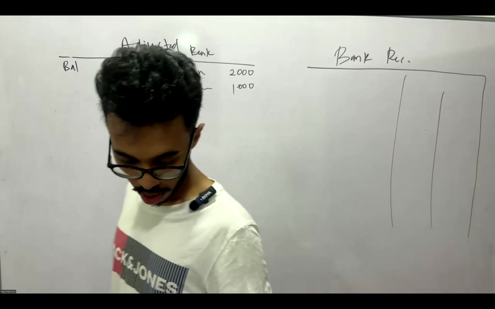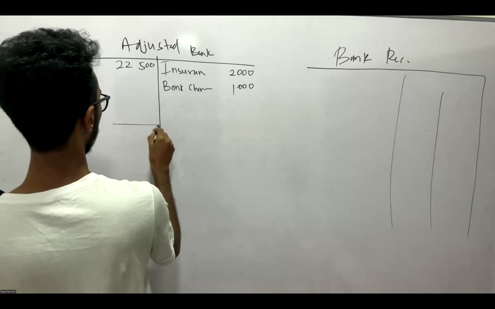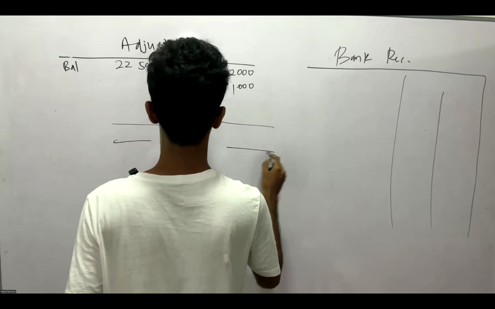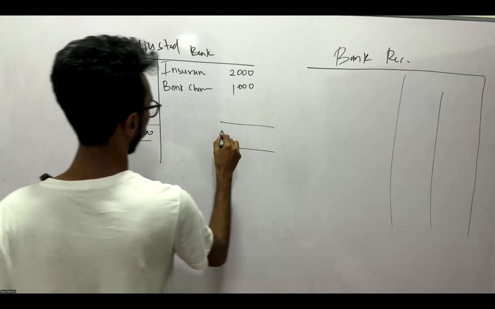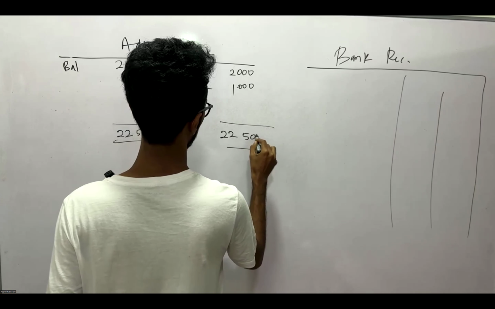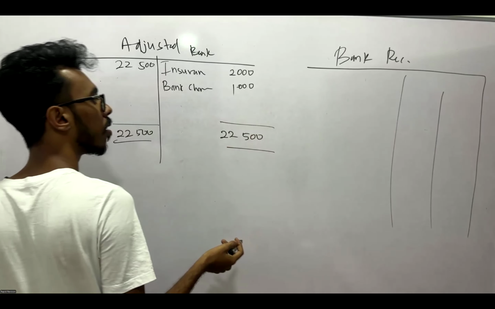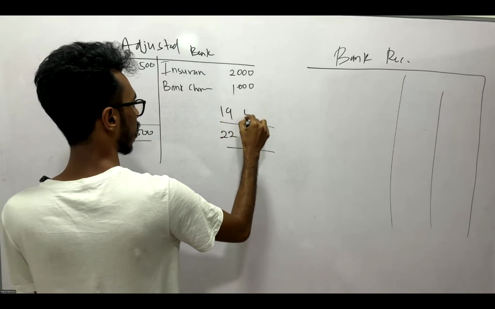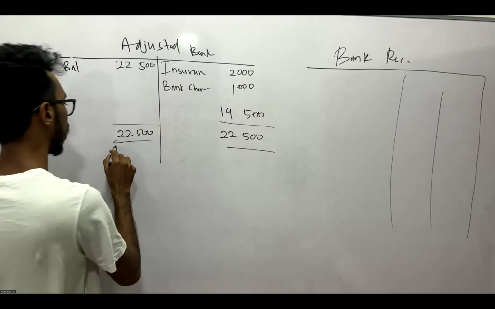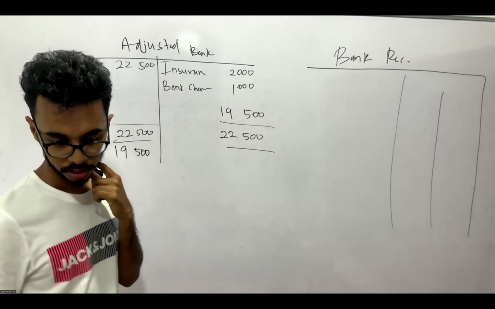Okay. And then we'll take the balance now. 3,000, right? So we have to deduct 3,000 from this 22,500. That will become 19,500.